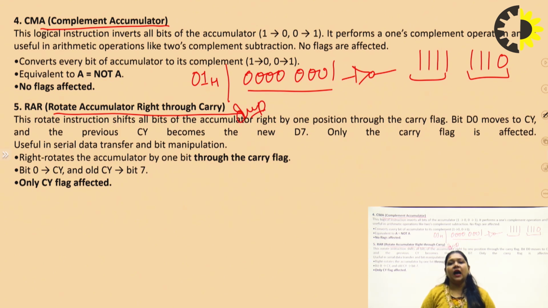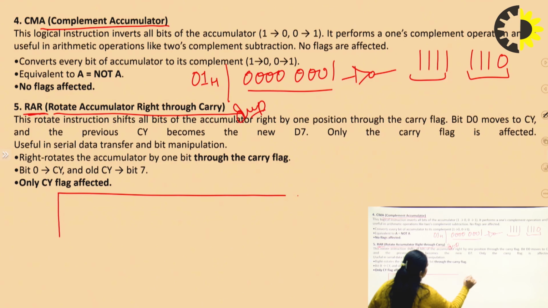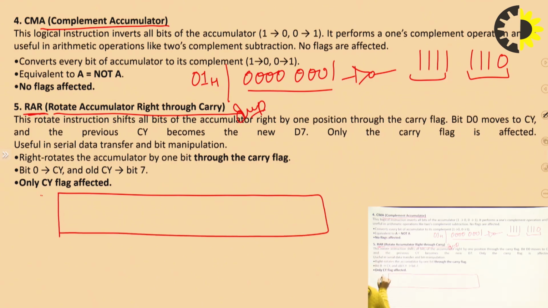Here it is written RAR, rotate accumulator right through carry. As C is not written here, it is not included in the opcode, but the contents will be moved to the right with carry. So here we can make a carry.